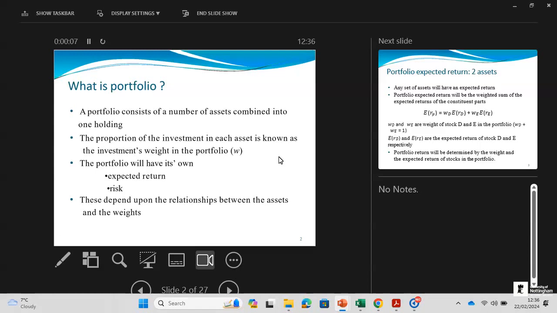All right, good. Okay. So, welcome to our session number 4. So, what have we learned so far in this part of the module? We have looked at valuation of assets.